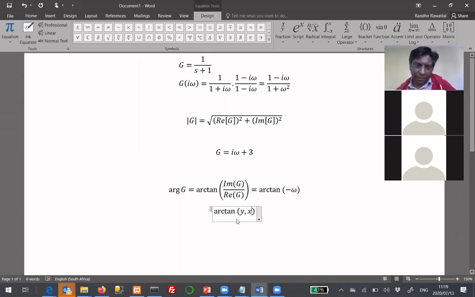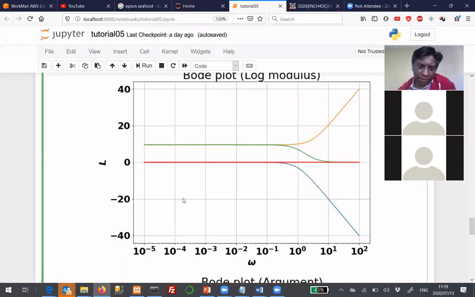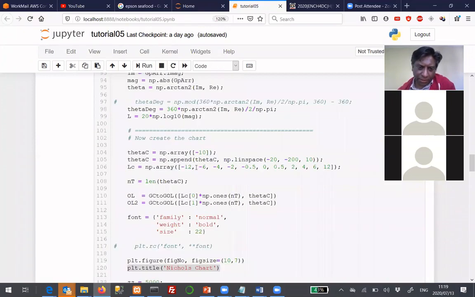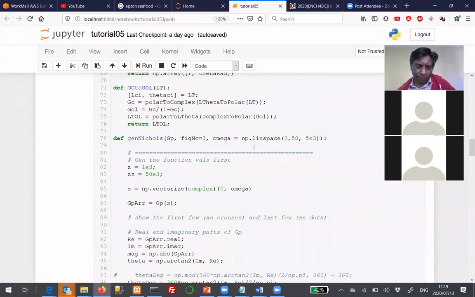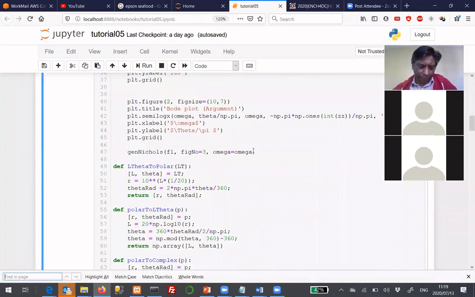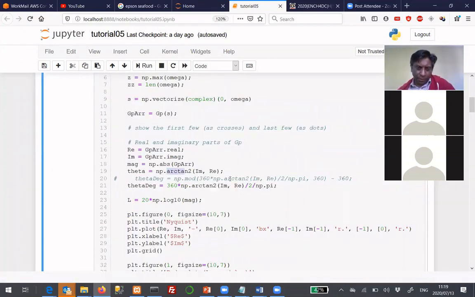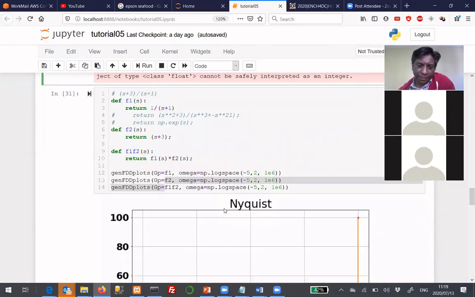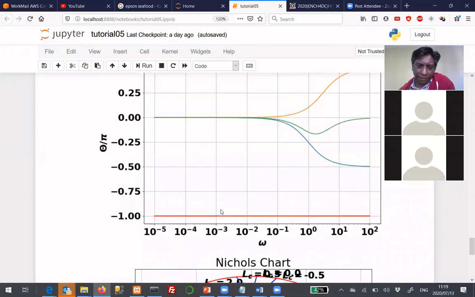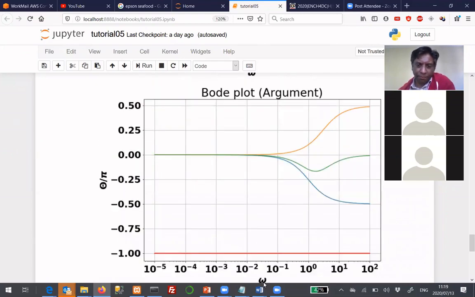Right? And in Python, in the NumPy library, you have arctan2, and that lets you specify imaginary parts and real parts. And so then you know that you are getting a reasonably shaped theta value.